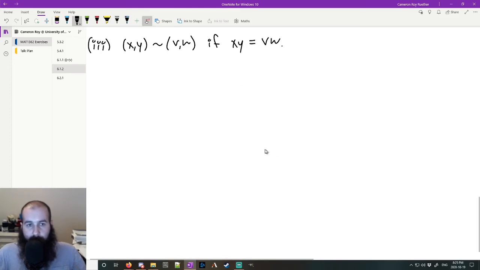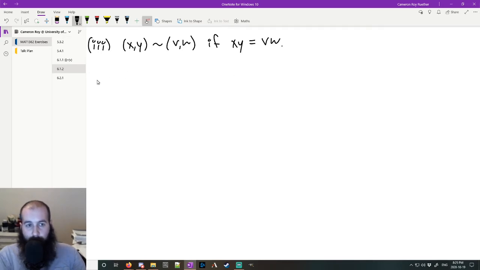The third equivalence relation says that the pair (X, Y) is related to the pair (V, W) if X times Y is equal to V times W. So by similar arguments as in the previous cases, these equivalence classes are going to be categorized by whatever number X times Y is for the element whose class you're considering. And these numbers X times Y can be any integer, because you can always just take the integer A you've chosen and multiply it by 1.